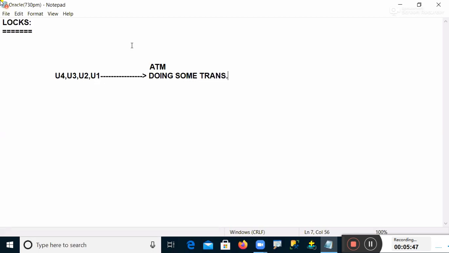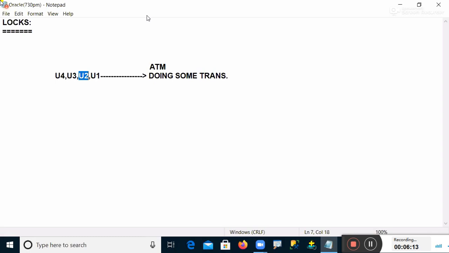But tell me, guys, if the second user wants to do a transaction on this ATM, he has to wait until user 1's transaction is successfully completed, otherwise it is cancelled. Either success or cancel, one of them must happen for user 1.